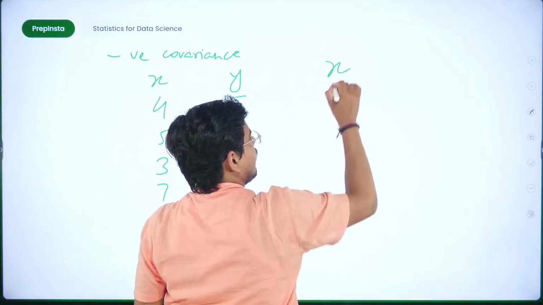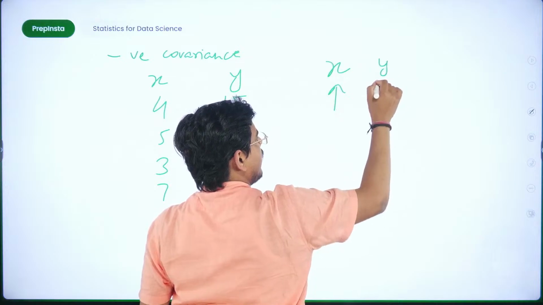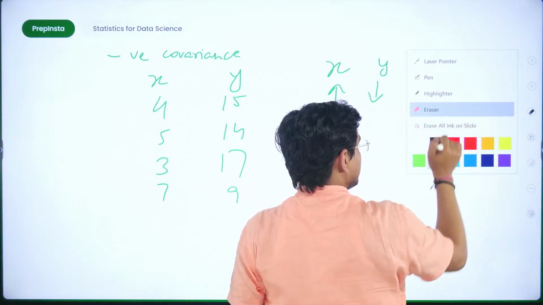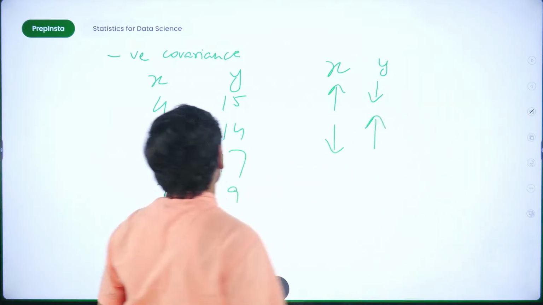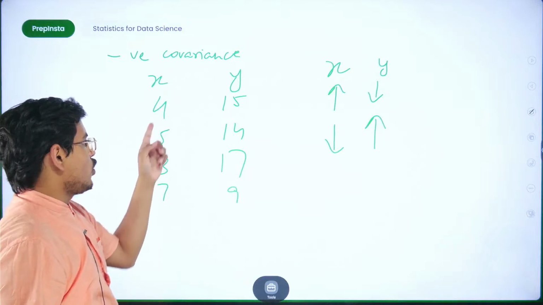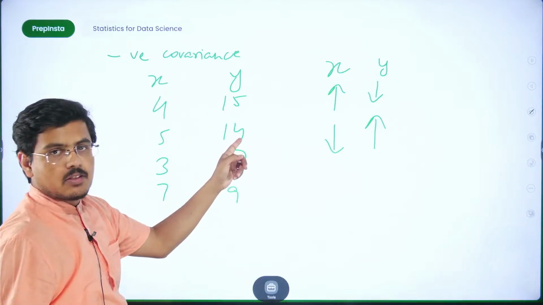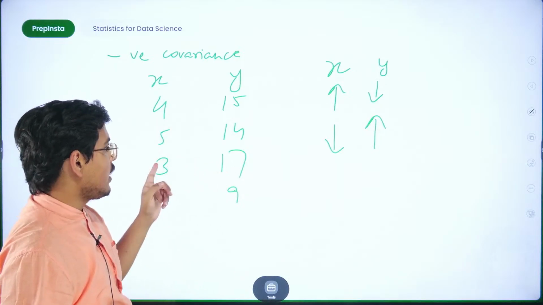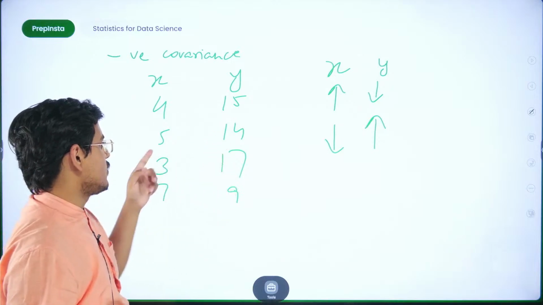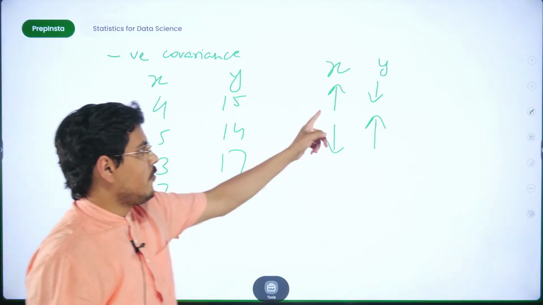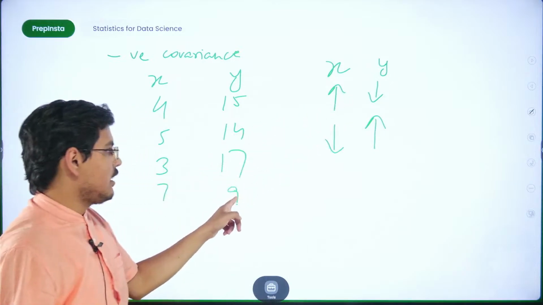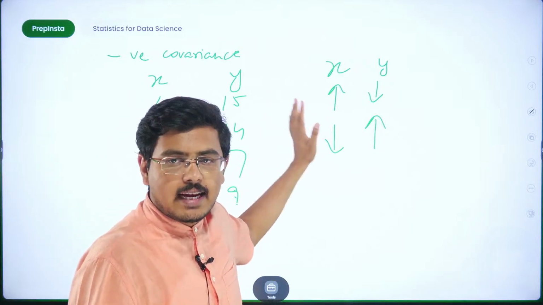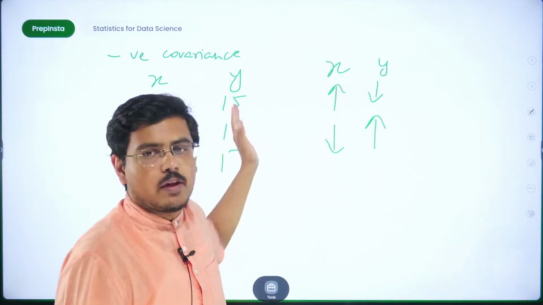When x increases, y decreases. When x decreases, y increases. For example, when x went from 4 to 5, it increased, whereas y decreased. So this is negative covariance. This is called negative covariance.